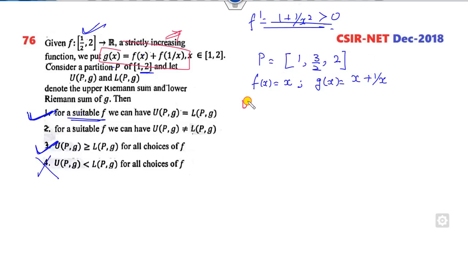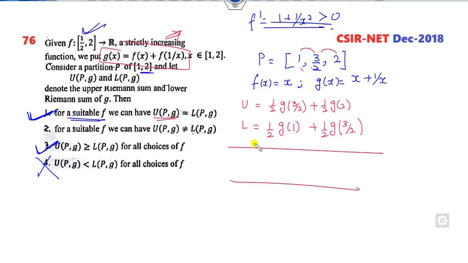Then we can define the upper sums, U(P,f), U(P,g). The difference is half of g(3/2) and half of g(2). Similarly, you can define the lower difference as half of the lower limit g(1), half of the middle number 3/2. Now if I subtract them, you can see this number will be cancelled out.